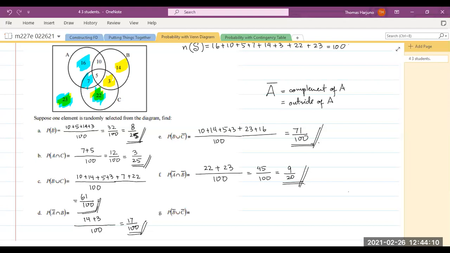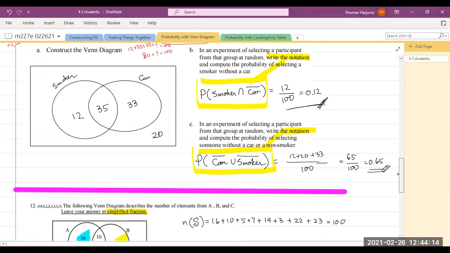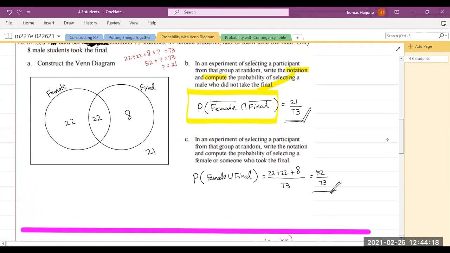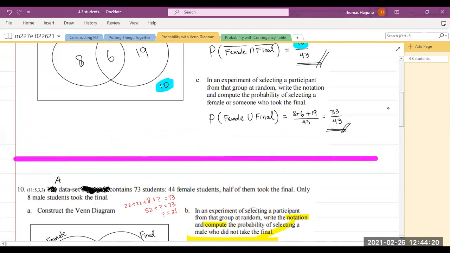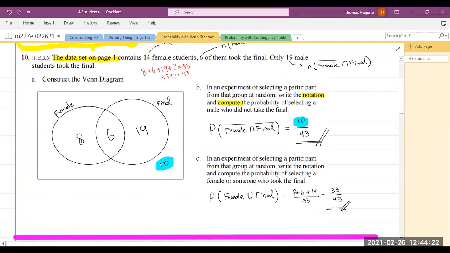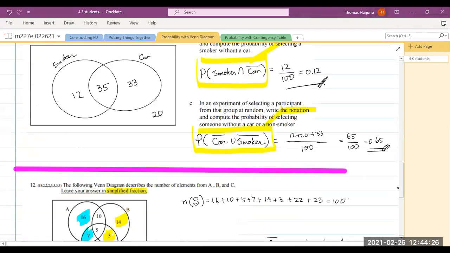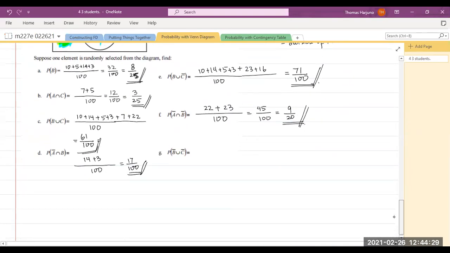By the way, that A bar notation is the notation I already used earlier, right? So somehow I thought you already knew it. Anyway, that's what bar means: outside of, complement of.